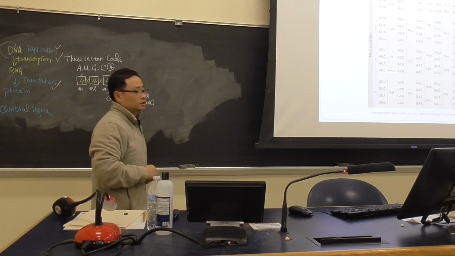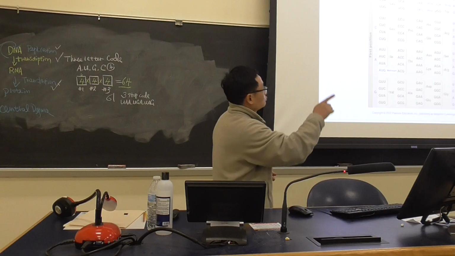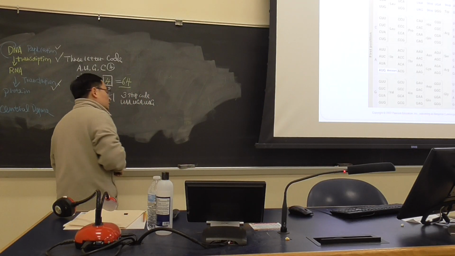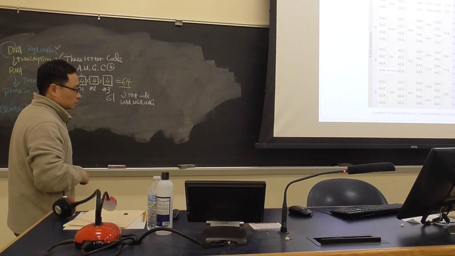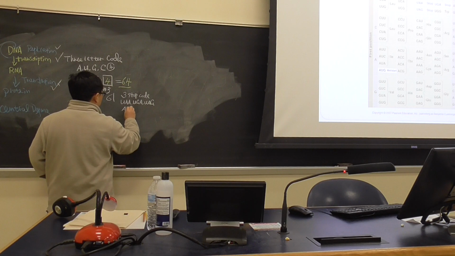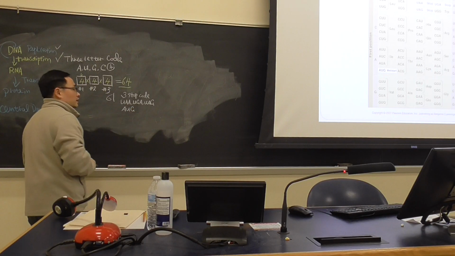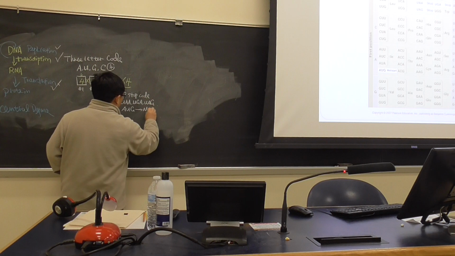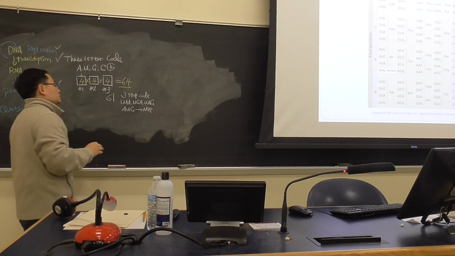And this table tells you about that. The stop codons are right on the top. And every time we do translation, the first one is always AUG. It's methionine. So this is some basic knowledge.